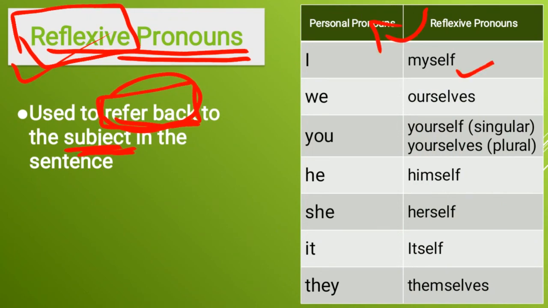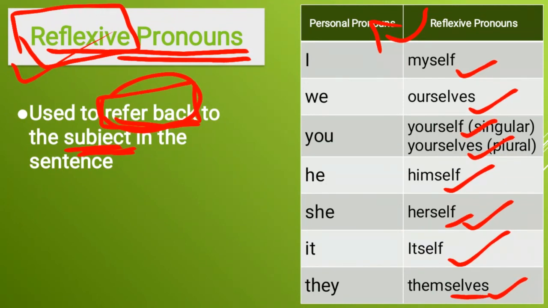I, myself, we, ourselves, you, yourself, singular, yourselves, plural, he, himself, she, herself, it, itself, they, themselves. So singular, self, plural, selves. Okay, children, you got it?